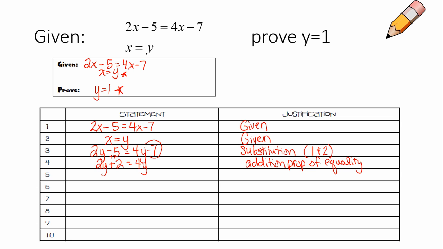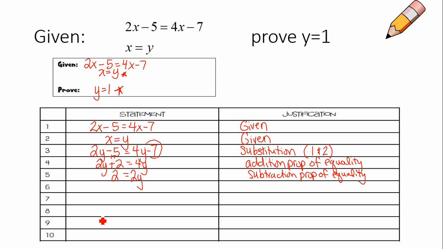Cool. And then I would go, well, now this is looking pretty good, but I'd want to bring those y's over, right? So I would subtract 2y from both sides, and it would become 2 equals 2y. And notice we subtracted the 2y's away, so we'll say that that was the subtraction property of equality.